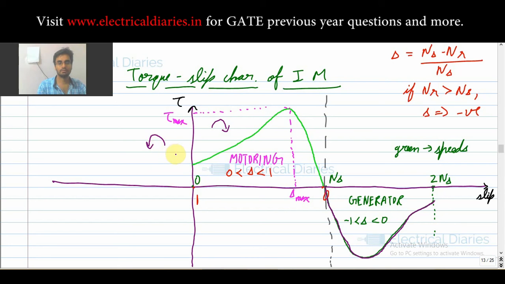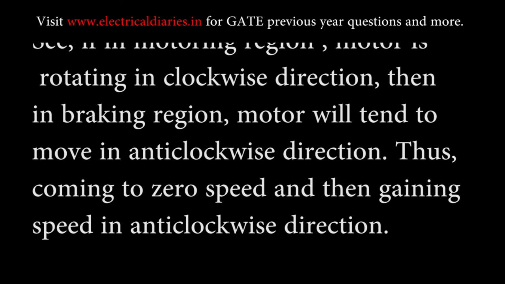So here nr will become negative, and the slip, (ns minus nr) divided by ns, will become positive, and also greater than 1. This is the logic in this region, and that is how you analyze it.